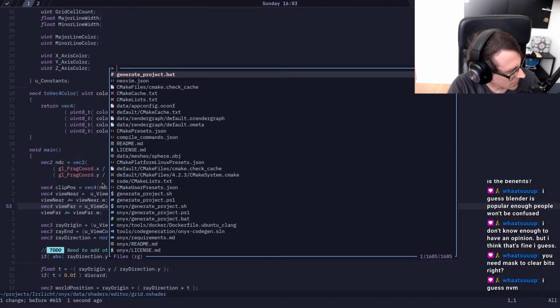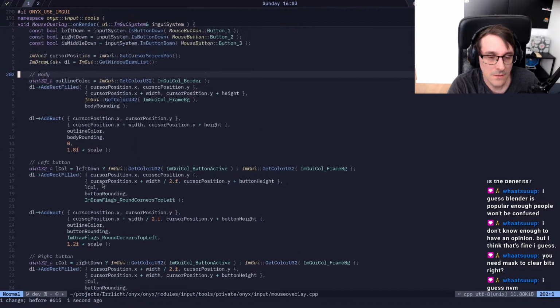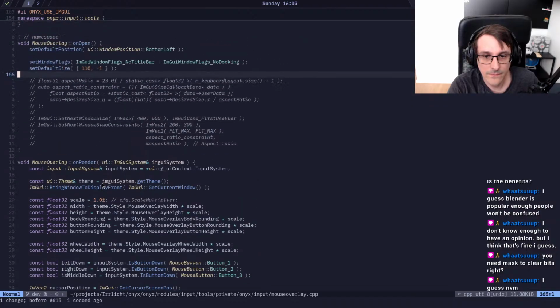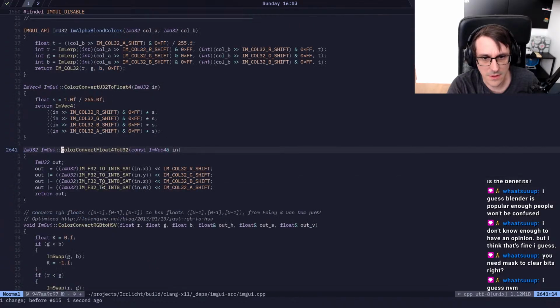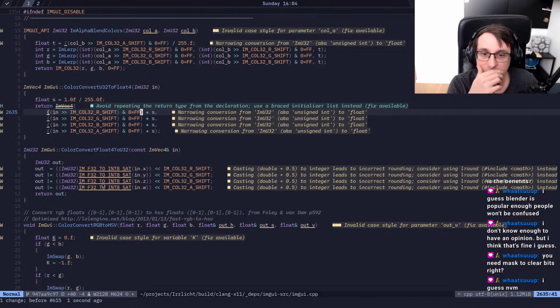Where would that be? God damn it. I think I have it here in ImGui, right? Convert plot 4 to U32, that's the wrong one. I want the other one. Oh, it's probably there, right? U32 to... So he's shifting, then he is ANDing it, and then he is dividing it.